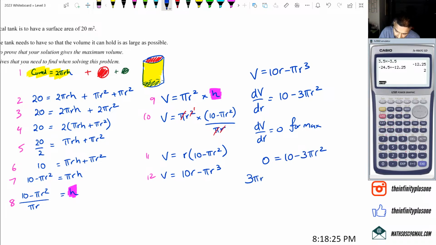Rearranging this, we get 3 pi r squared equals 10. r squared is 10 divided by 3 pi, and then r is equal to the square root of 10 divided by 3 pi. Did I do this wrong? No, 10 divided by 3 pi. So I should get r is equal to, let's have a look.